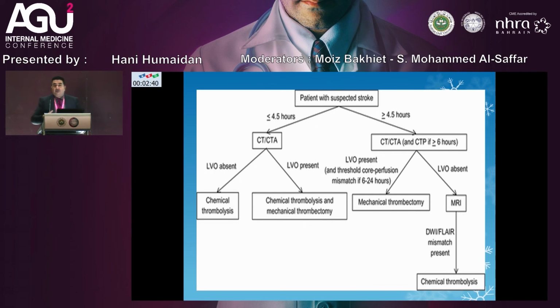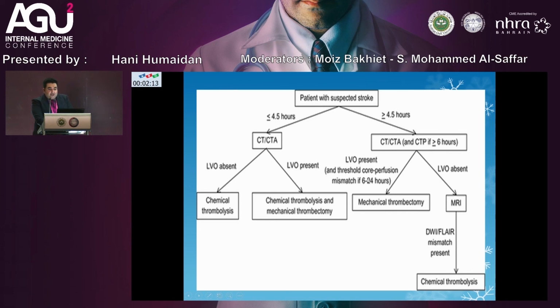This is just a diagram to make it easier. How do you manage these patients? Patients with suspected stroke, if they fit less than 4.5 hours, get CT angio. If large vessel occlusion is absent, they go with IV thrombolysis. If they have large vessel occlusion, they go with IV thrombolysis and mechanical thrombectomy. If it's more than 4.5 hours, you go with CT angio and CT perfusion for more than 6 hours.